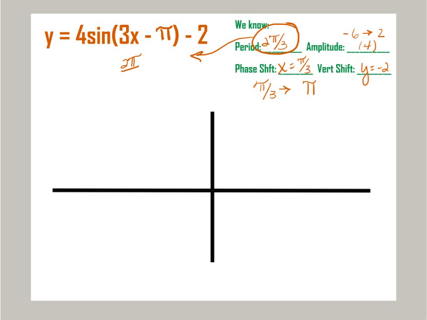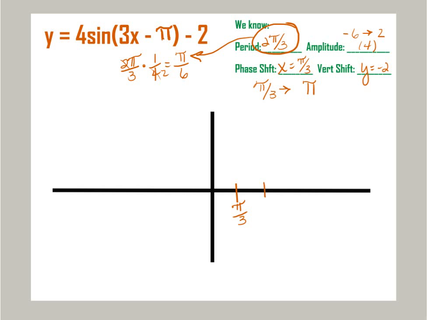So hopefully you're familiar with the idea that dividing by 4 is the same thing as multiplying by a fourth, which is sometimes easier to do. And so we end up with pi over 6 as our increment here. So we're going to start at pi over 3. We're going to add pi over 6 to that.